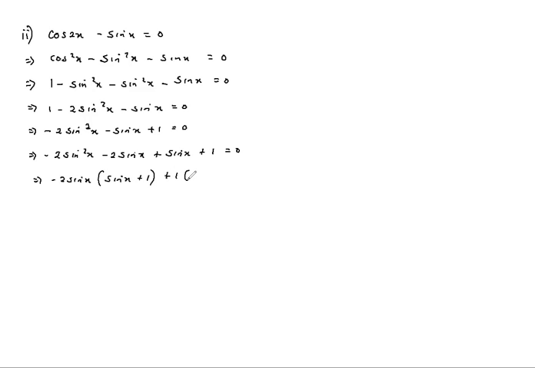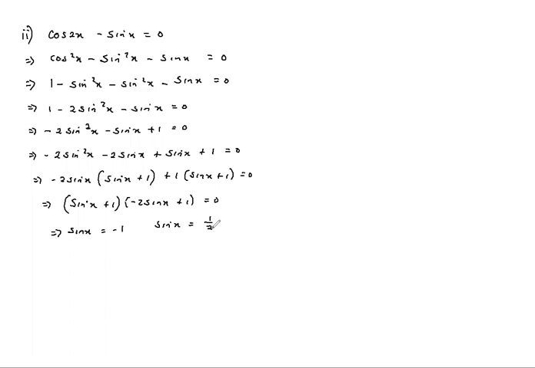Factor out 1 and have sine x plus 1. So sine x plus 1 is common. Factor it out. And we remain with negative 2 sine x plus 1. But this is just telling us that sine x is negative 1. If not, then sine x is 1 over 2.